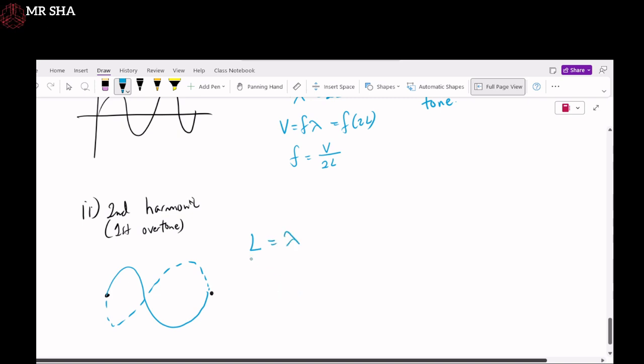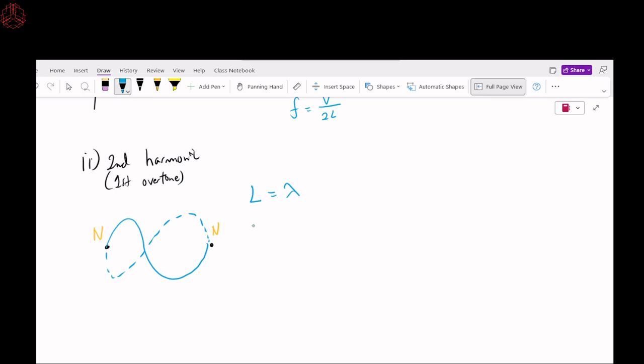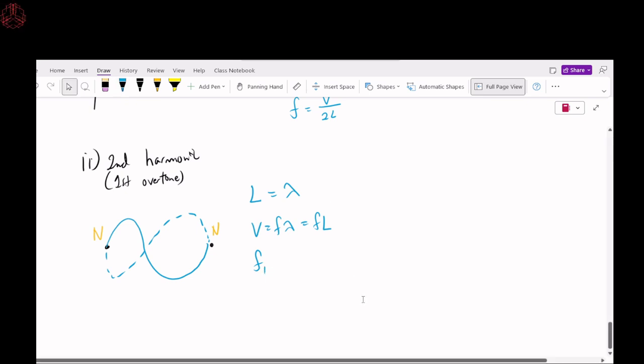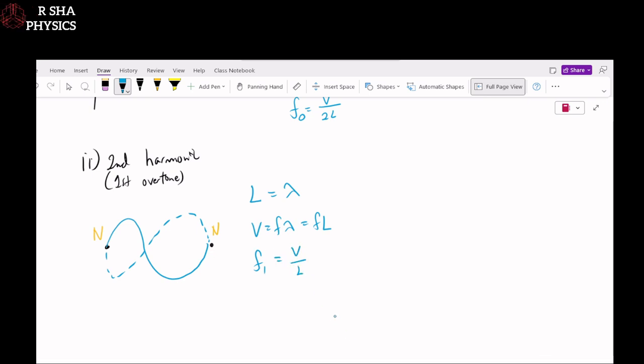The condition for the string, again, is that the ends must be at nodes. So my v equals f lambda is also equal to fL, which means my frequency for my second harmonic, first overtone, will be v over L. That's perfectly fine to understand.